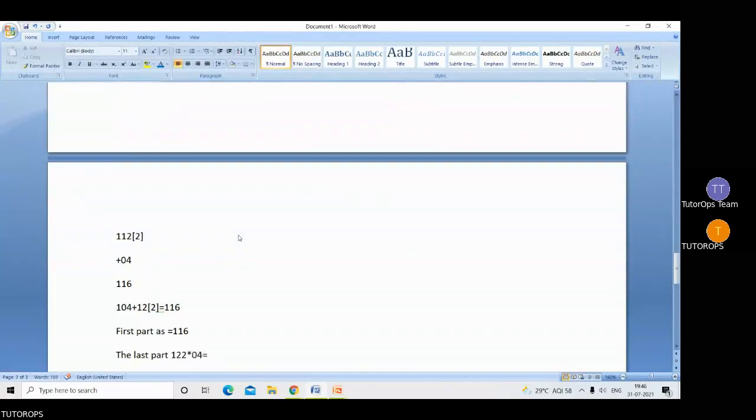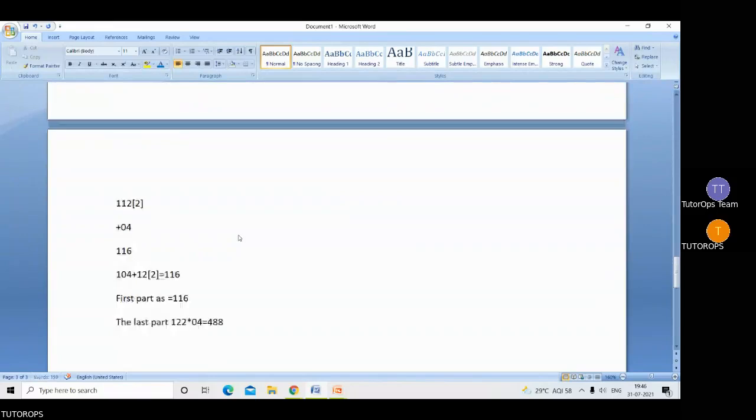That is 488. But we need to remember one thing, that whether we are getting 488 does not matter, but here I need to keep only two digits, so 88 will be kept and the 4 will act as carry.